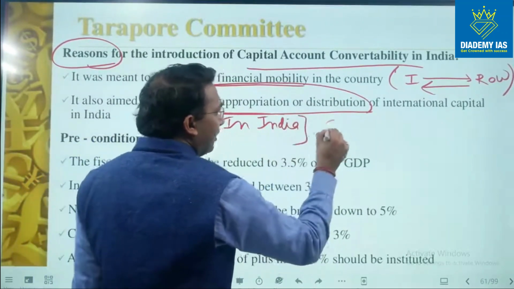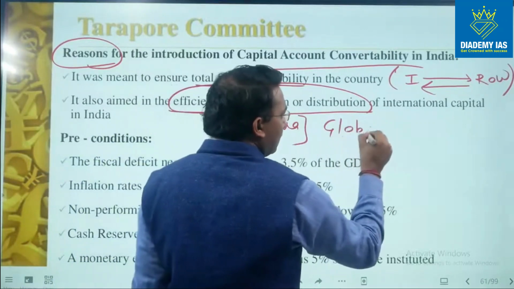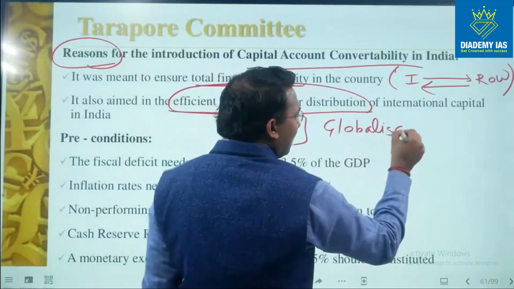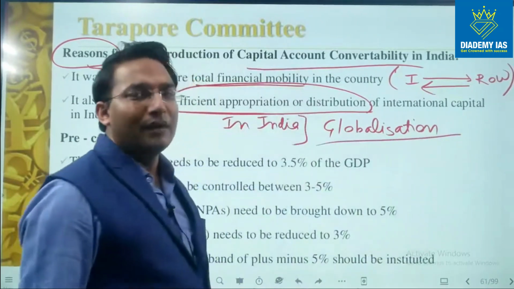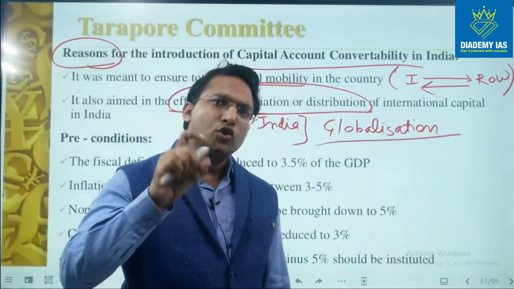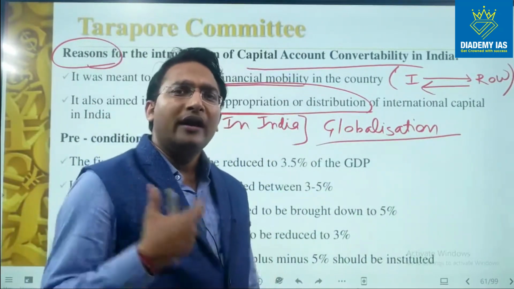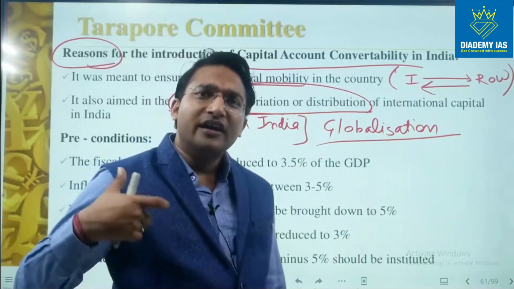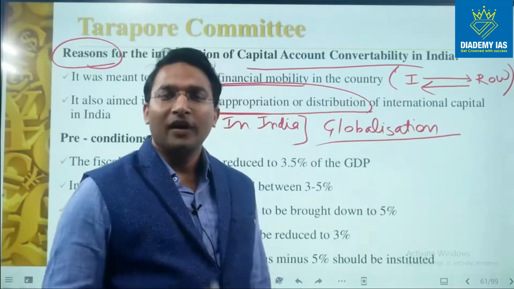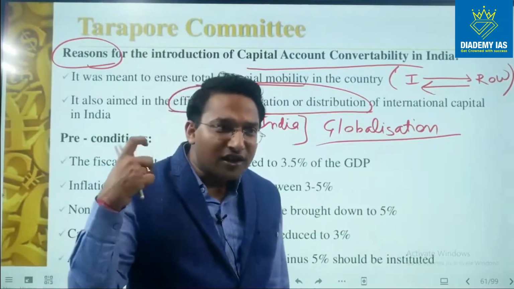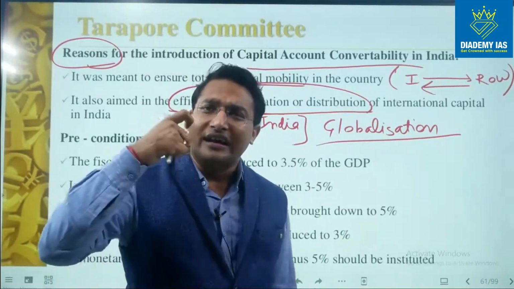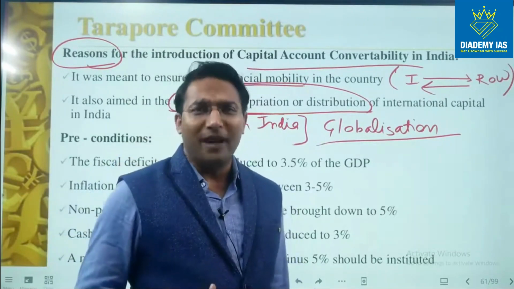So in the era of globalization, where there is liberal movement of capital, goods and people, the capital should go to that place where it can be utilized in the most efficient manner. And India is such a country, right? India is one of such countries because in India we have very low cost of manpower.